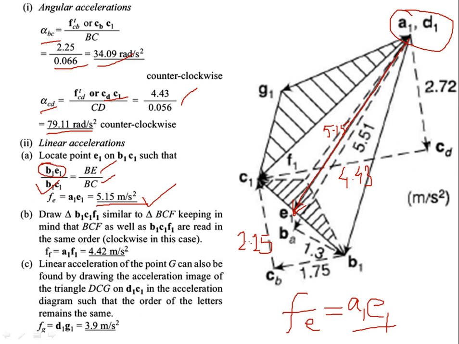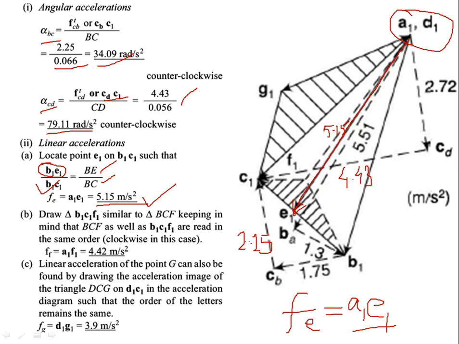Okay. Next, similarly, you have to locate now for point F and G. Okay. So you have to mark now F1 and G1. So for that you can go to step B and C. So draw now triangle B1 C1 F1, because this is a triangle.